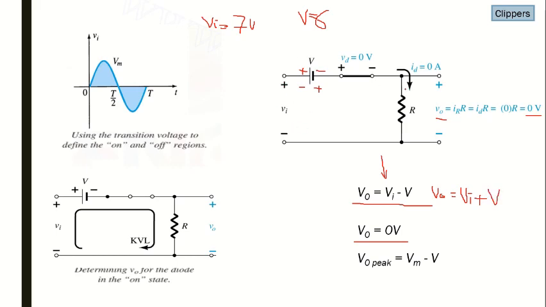So you can also apply the KVL using the sign convention. Minus Vi minus V plus VR is equal to 0, so VR is equal to Vi plus V. So V naught is equal to Vi plus V if the battery terminals are reversed.